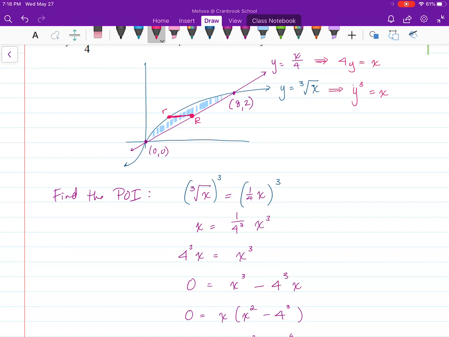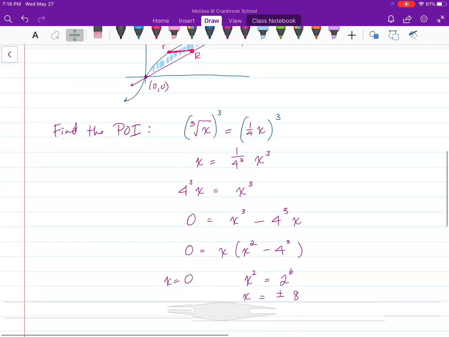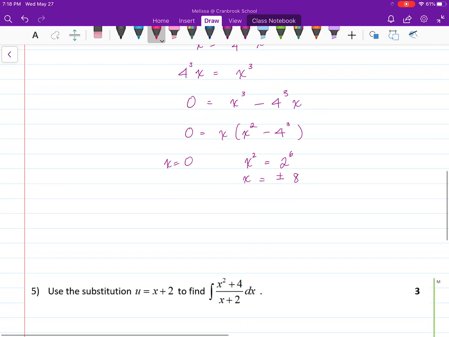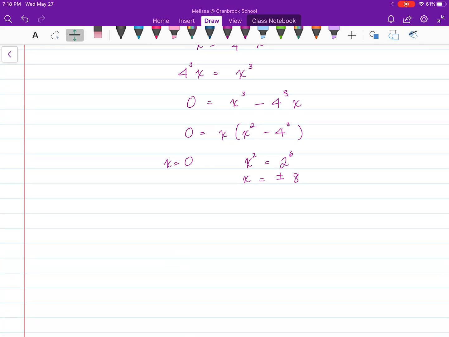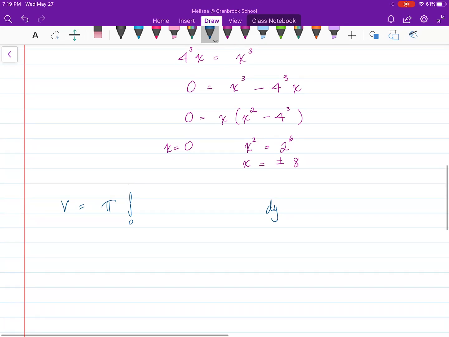So therefore, when I go to set up my integration, so don't forget the pi, that's definitely a typical mistake that students often make, is when they set up their volume, they forget the pi. Right? And because we're integrating in terms of y, I want to go from my smallest y, which is 0, to my largest y, which is 2.